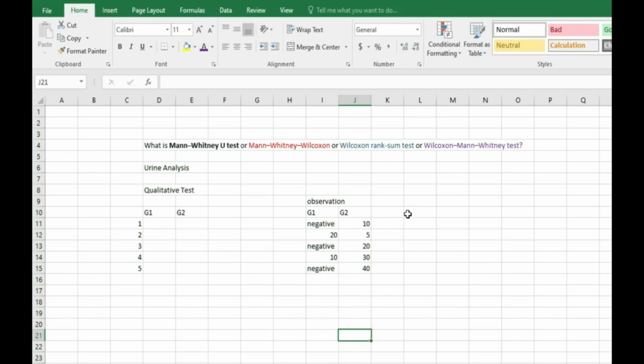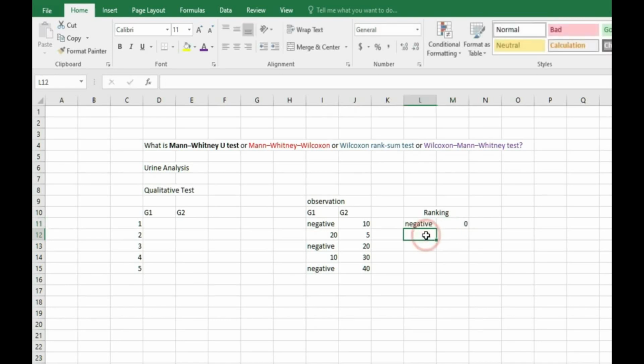We have to write these observations again rank-wise, so that it will be easier to understand how we are going to plot this graph in GraphPad Prism. So we have to give some ranking to these readings. We write them again, arranging them in ascending order.